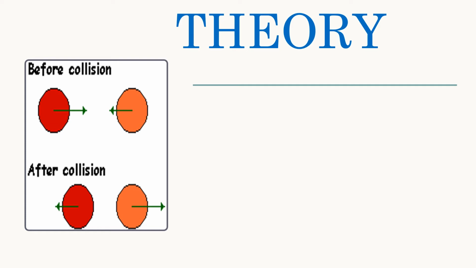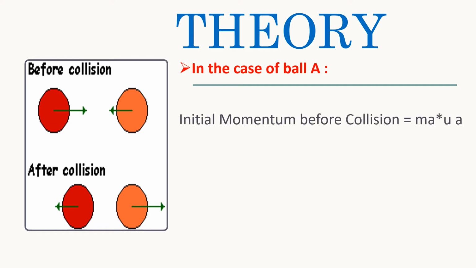So in order to understand it more clearly, now let us formulate it. In the case of ball A, the ball A is moving with an initial velocity ua, so the initial momentum before collision is given by ma into ua.